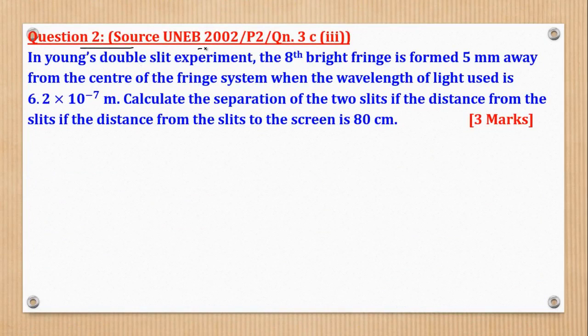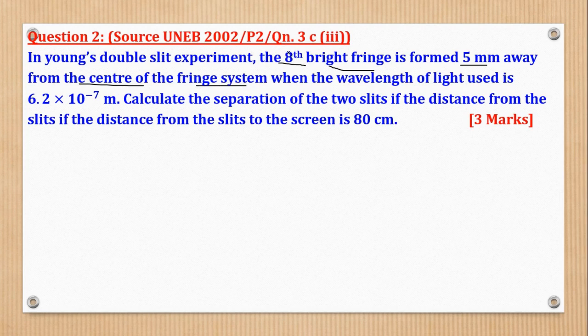Then question 2 came from UACE 2002 paper 2 question 3c, and it says, in Young's double slit experiment, double slit are the two slits you saw. Remember, you saw the A and the B. That's what we call a double slit. So this word shouldn't confuse you. So in Young's double slit experiment, the 8th bright fringe is formed 5 millimeters away from the center of the fringe system.